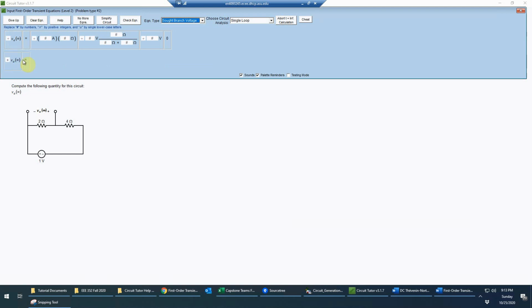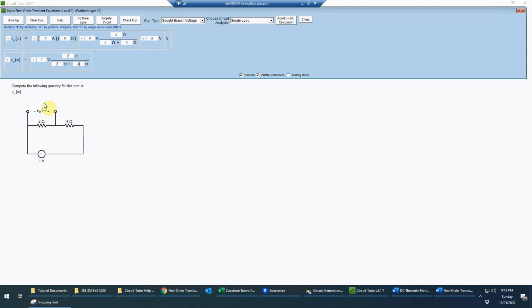So V naught of infinity will be equal to the voltage divider formula, which is the voltage source value of 1 volt. And then the resistor of interest now is that 2 ohm resistor because that's where that voltage appears. And then that'll be divided by the sum of the resistances, which is 2 ohms plus 4 ohms. And again, the 1 volt divided by the 6 ohm there, that's the amount of current flowing through the circuit.